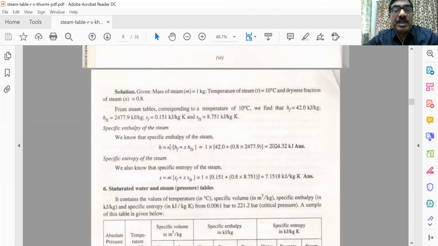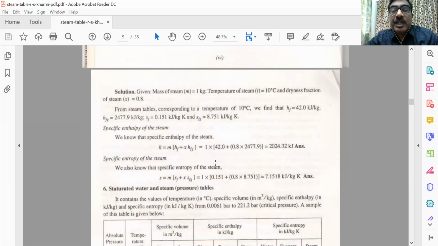So the mass of the steam is 1 kg only. Here HF is equal to 42, HFG is equal to this one, and similarly entropy follows the same principle. Liquid entropy is 0.151 and the vapor entropy is 8.751. So H is equal to M into (HF plus X HFG).